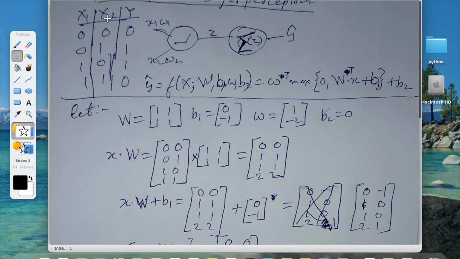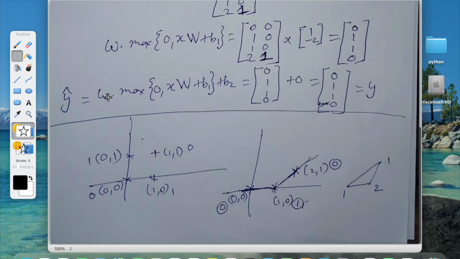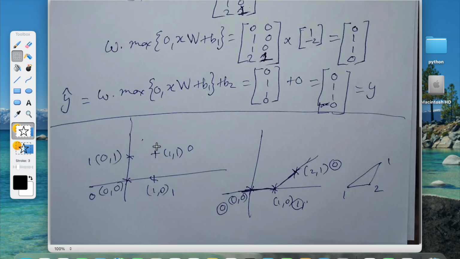You can see over here the truth table for the XOR gate, and I have plotted the same over here. This shows the plotting of the XOR gate.